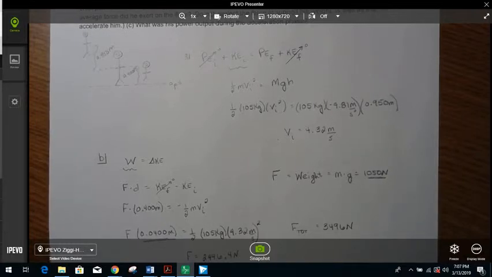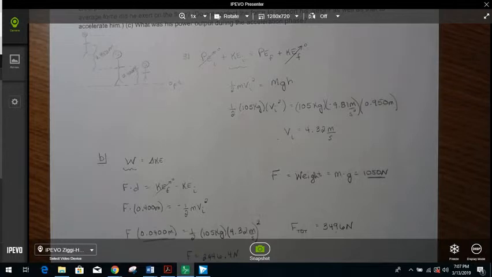We need to know the time because we need to find the power. So we now have a distance and an acceleration, and we want a time. So d equals v sub i t plus 1/2 a t squared, with v sub i being the velocity as he starts the force.